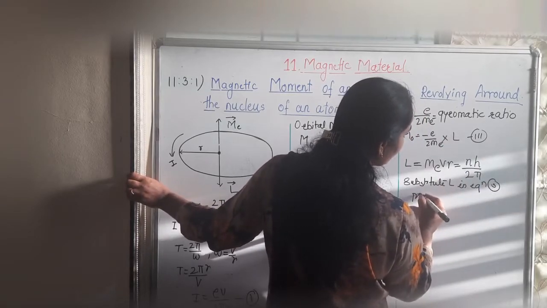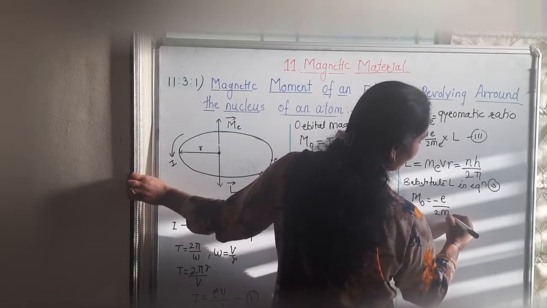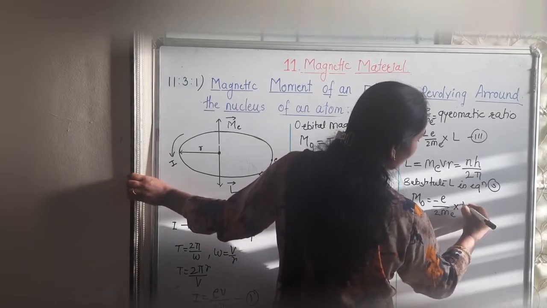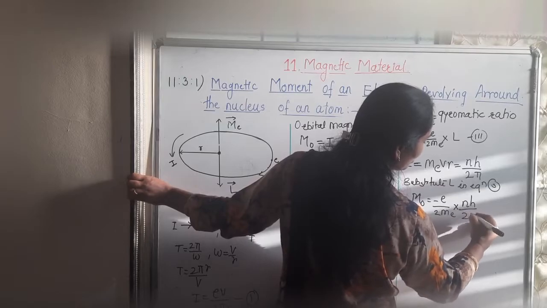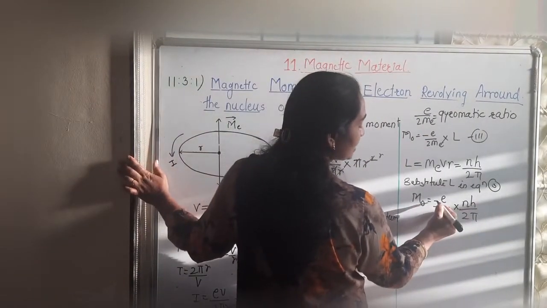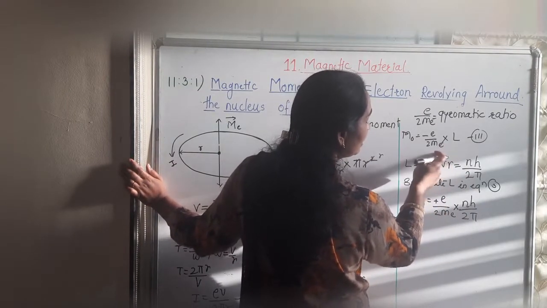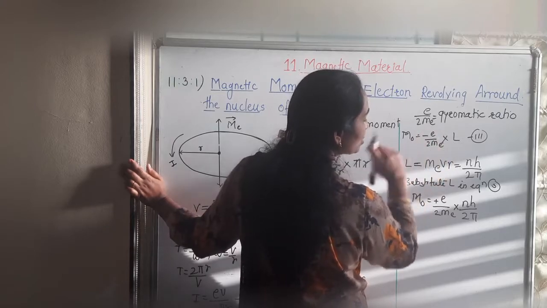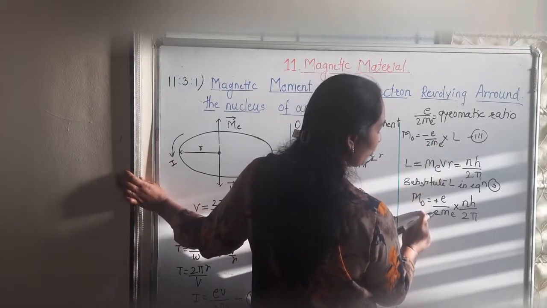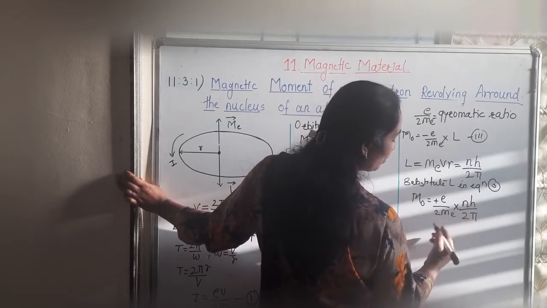The equation becomes M0 is equal to minus e upon 2Me into nh upon 2 pi. The minus sign is there when the electron bears a negative charge; otherwise the magnetic moment is e upon 2Me into nh upon 2 pi.